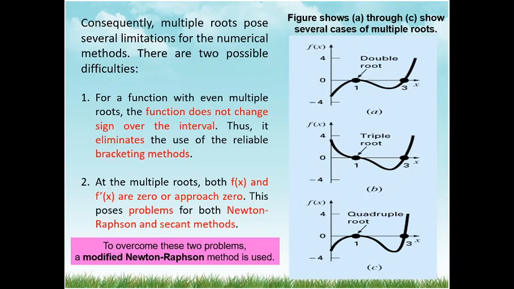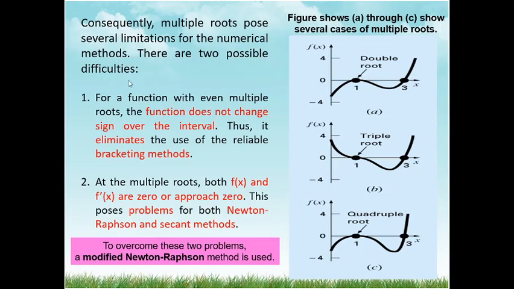So the bracketing method is not useful or applicable in this case. So we have to use open methods such as Newton-Raphson methods, secant methods, as well as fixed point methods.